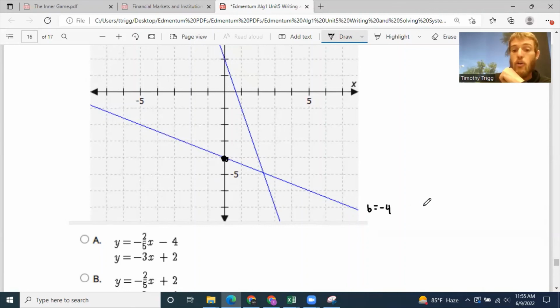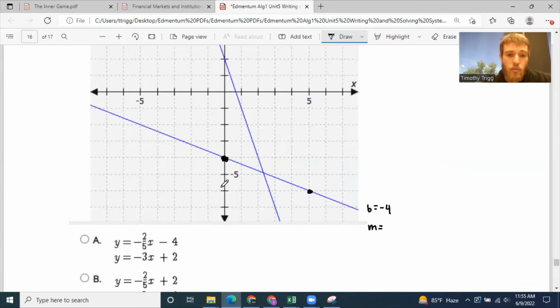Now we need to find the slope, the m. In this case, for this line, it's going down as you go from left to right. So that tells me the slope is negative. Now I can go from this point, the y-intercept, to another point on the grid lines. So I can see that this point right here is on the grid lines. So I can go from this y-intercept to here. Well, what's the rise and run in this case?